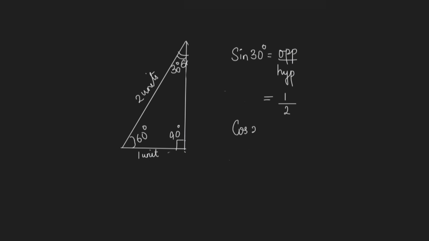Let's do cos 30, and it is found by adjacent over hypotenuse. Now if you observe the right angle triangle, we don't have the adjacent side here, so we will find that out using the Pythagoras equation. The Pythagoras equation is given by a square plus b square equals c square.